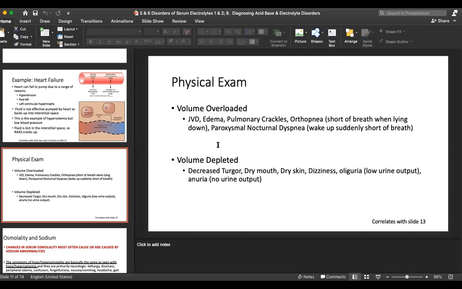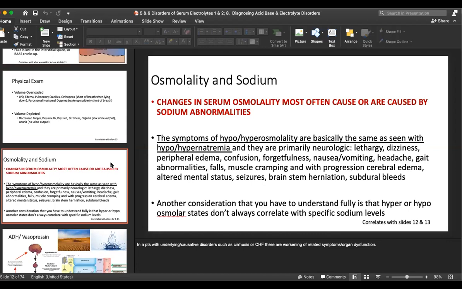And then waking up suddenly short of breath, that's paroxysmal nocturnal dyspnea. And then if it's volume depleted, we've got decreased turgor, dry mouth, dizziness, or low to no urine output. So know that changes in serum osmolality are usually caused by sodium abnormalities.